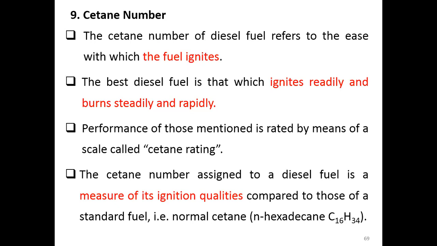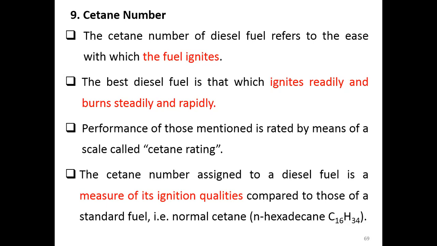Number 9, the last one, is the same as for gasoline fuel. In gasoline, we have the octane number. In diesel, we have the cetane number. The cetane number of the diesel fuel refers to the ease with which the fuel can be ignited.